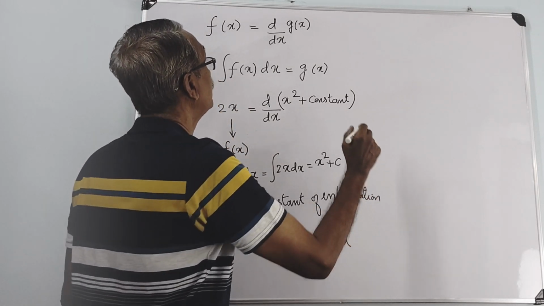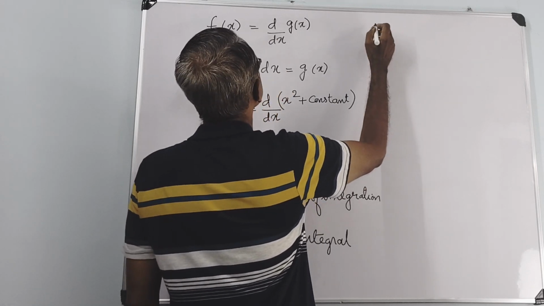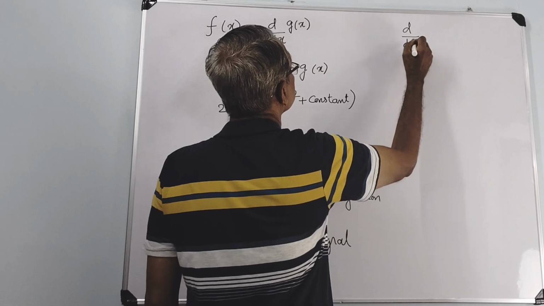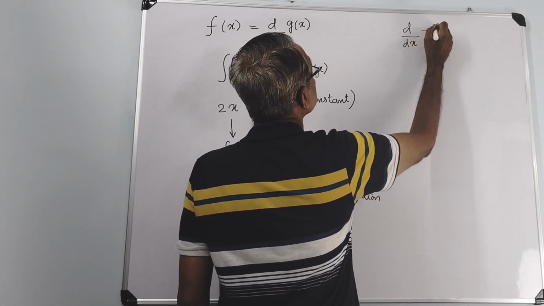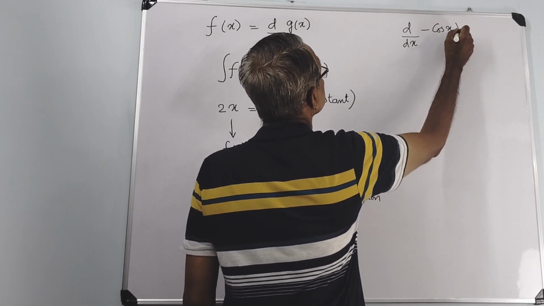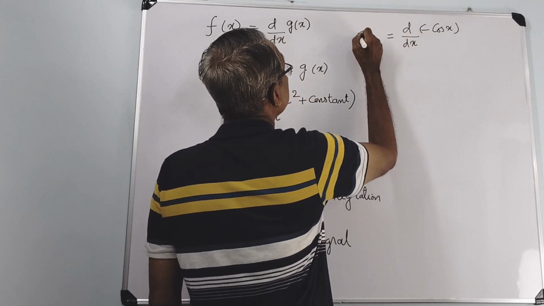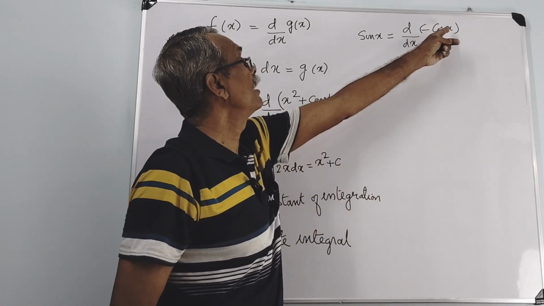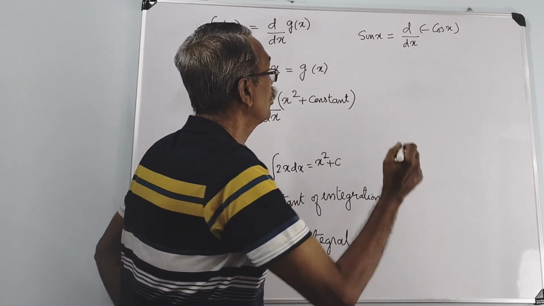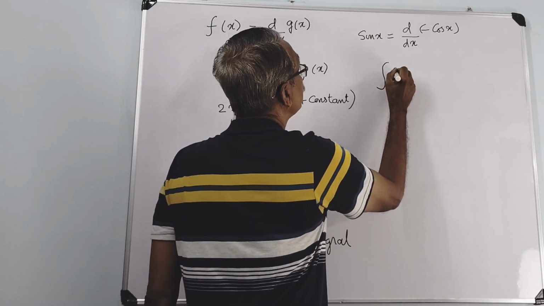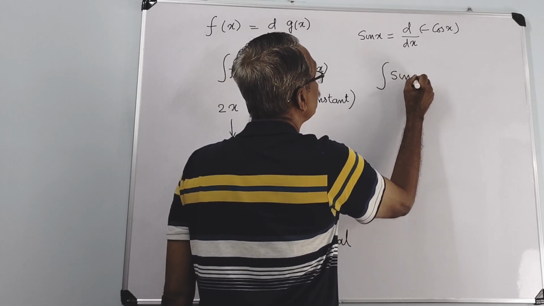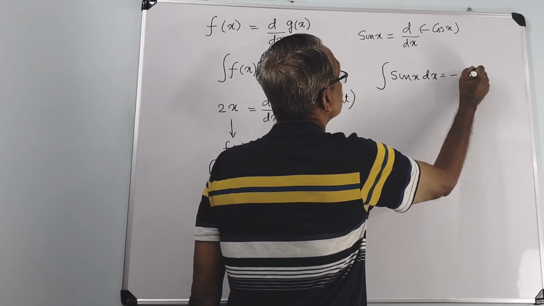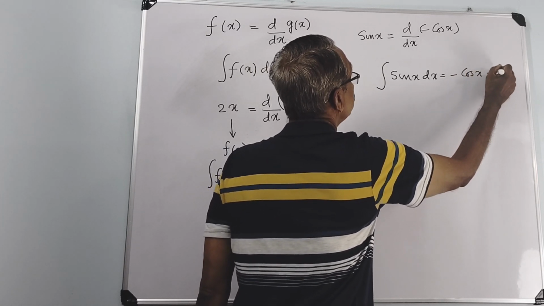We can take another example. Let us say we know that d by dx of minus cos x is equal to sin x. If this is given, this can be calculated. Therefore, we say that integral sin x dx is equal to minus cos x plus c.